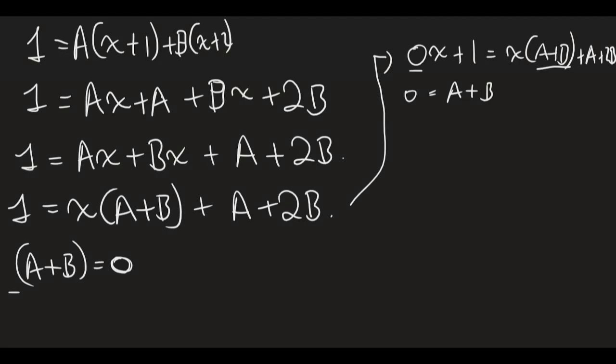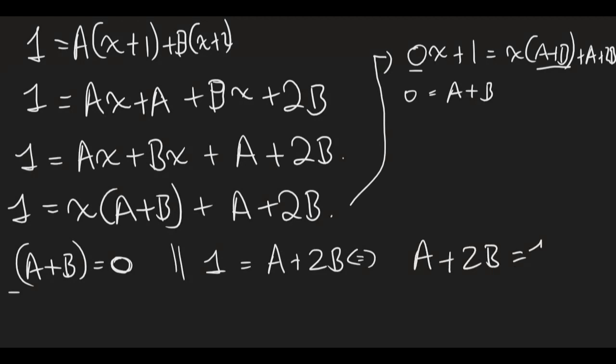The next thing then is to equate the constant terms. So we can say 1 is equal to a plus 2b, which is the same as saying a plus 2b is equal to 1.